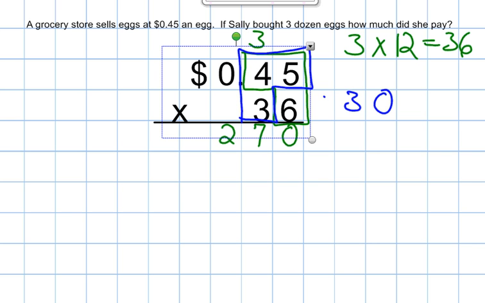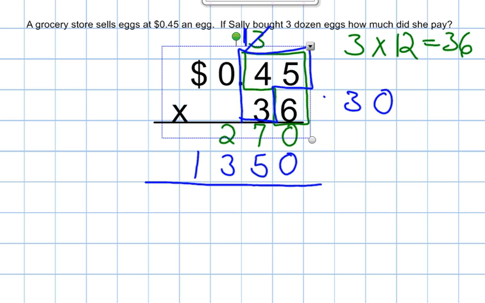So, as we multiply by 30, we're going to put our 0 down. 3 times 5 then is 15. I can cross out the 3 up here so I don't confuse it with the 1 that I'm bringing up after I multiply 3 times 5 to get the 15. 5 went down, the 1 went up, so I cross out the 3 just to make sure I'm not confusing it with what's going on. 3 times 4 now is 12, plus 1 is 13.